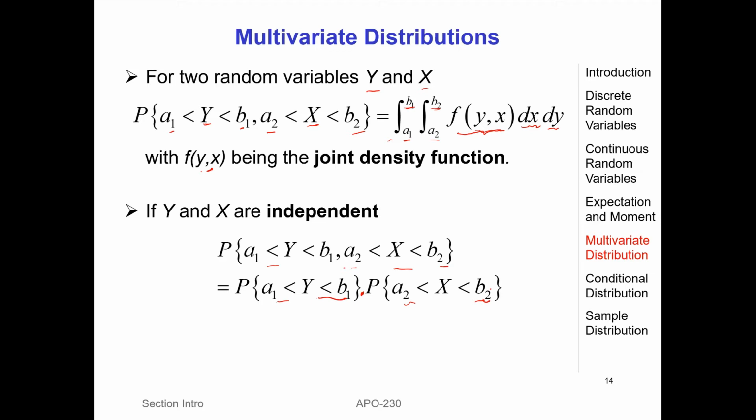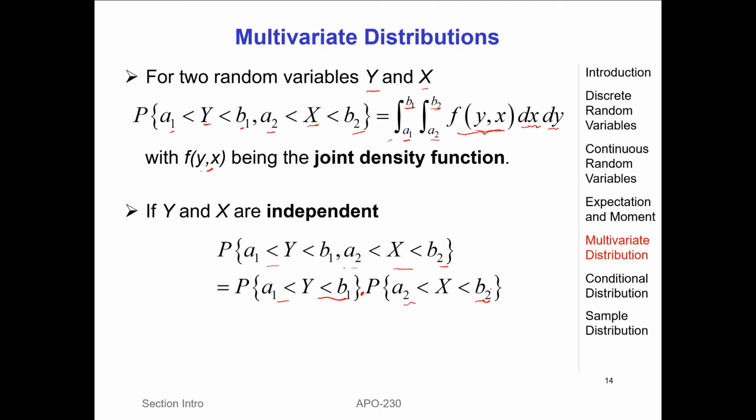One example is if you throw the dice twice and you consider the outcome of the first time and the second time. If the dice is fair, then the first throw and the second throw are supposed to be independent. If the first is, for example, 1, that doesn't mean you know more about what will occur the second time.